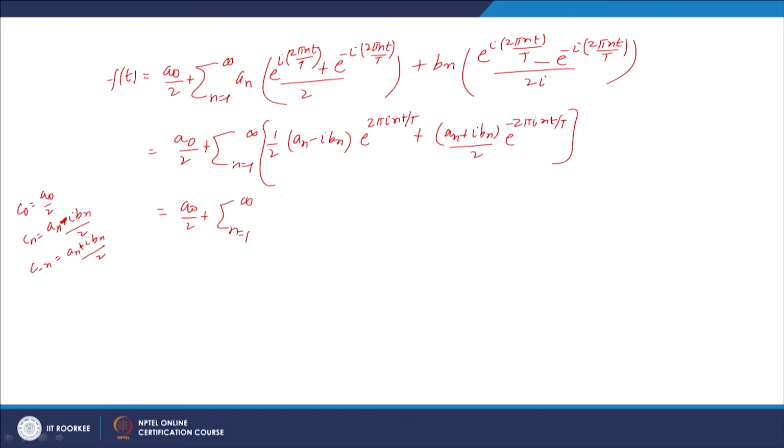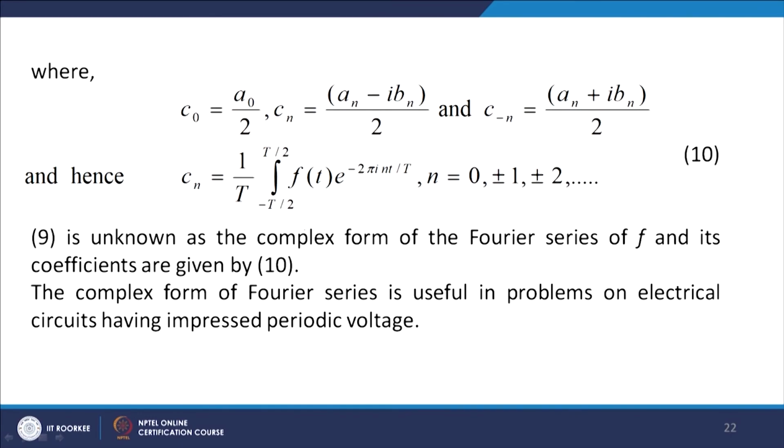Then we will get here C n e to the power 2 pi i n t by T, and this will be C minus n e raised to the power minus 2 pi i n t by T, and we will be able to write it as sigma n equal to minus infinity to infinity C n e raised to the power 2 pi i n t by T with this choice, where C n's are given by this expression. Okay, and n takes values 0, plus minus 1, plus minus 2 and so on.